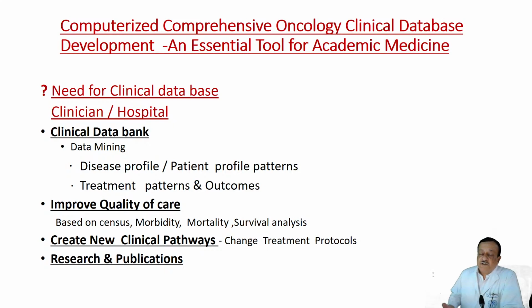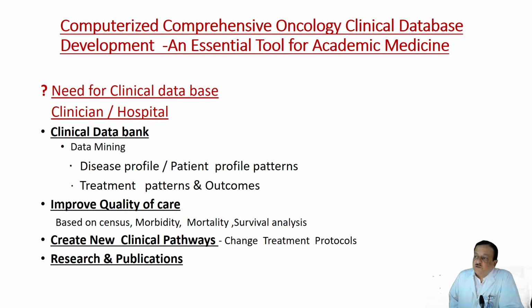But for clinicians like us and hospitals like AIIMS, what is the need for a database? We treat a huge number of patients, but unless you capture this data in a systematic, structured manner, the entire data goes waste. It cannot be used for any clinical research or collaborative research. If you capture them, you can have disease profile evaluation, patient profile evaluation, treatment patterns, and outcomes.